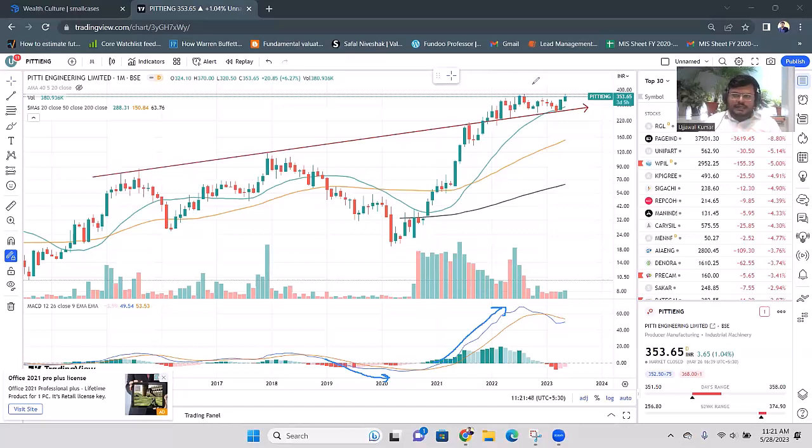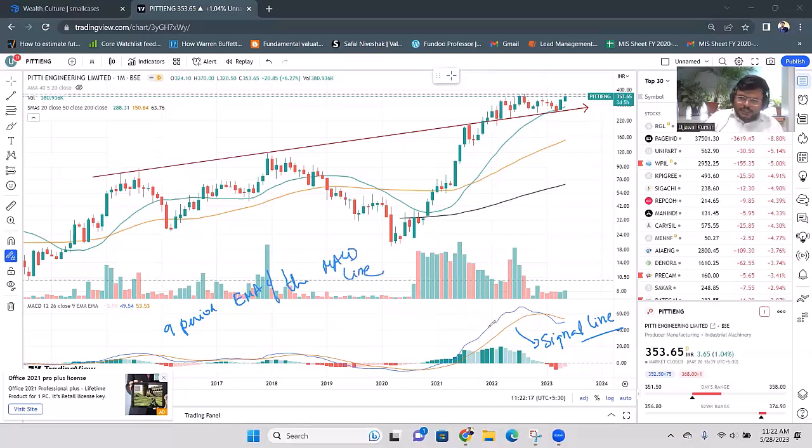Now there is the second line, which is called the signal line. This orange line is the signal line. And this is another level of complication on top of the MACD. This signal line itself is a 9-period EMA of the MACD line.